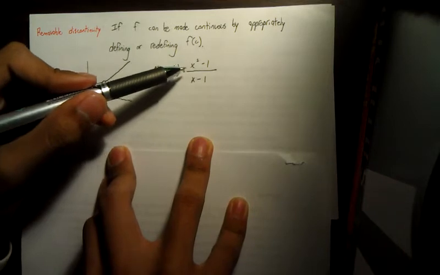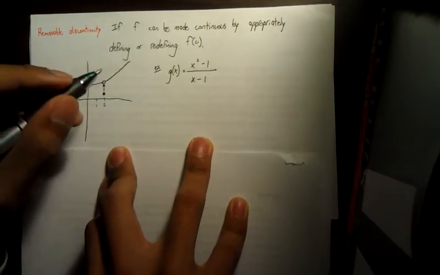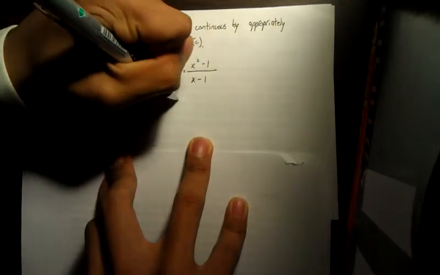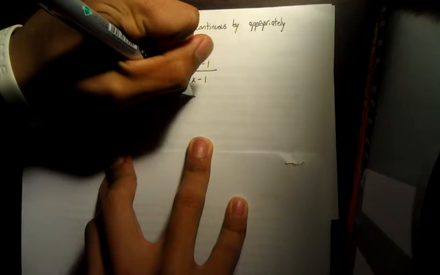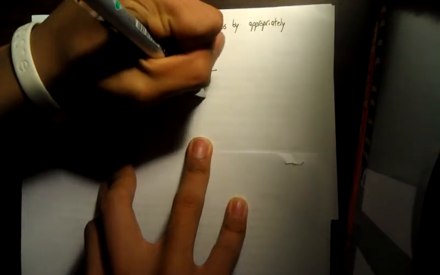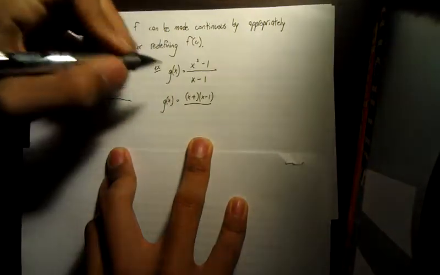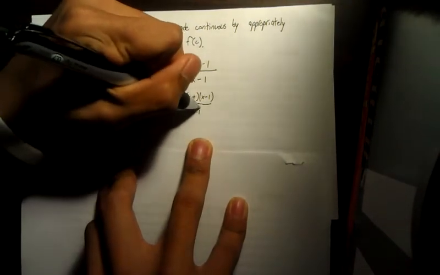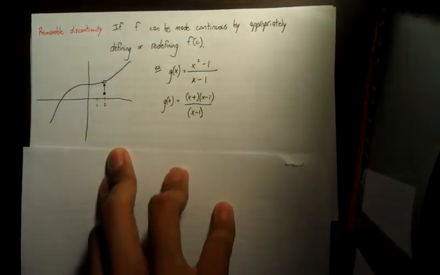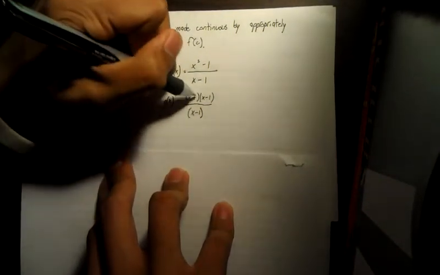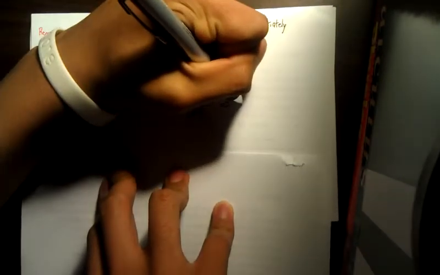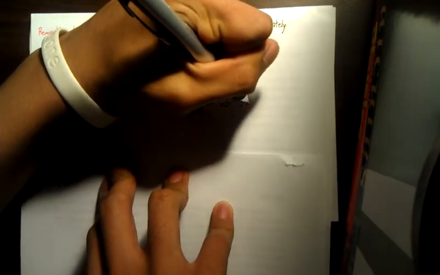G of x equals x squared minus 1 over x minus 1. Well, first thing you would want to do is just factor it out. So the top is a difference of 2 squares, x plus 1, x minus 1, all over x minus 1. And I'm just going to put this in parentheses so it's easier to see it as one factor. And so from here you can see that your x minus 1s can cancel out, and all you're left with is x plus 1.